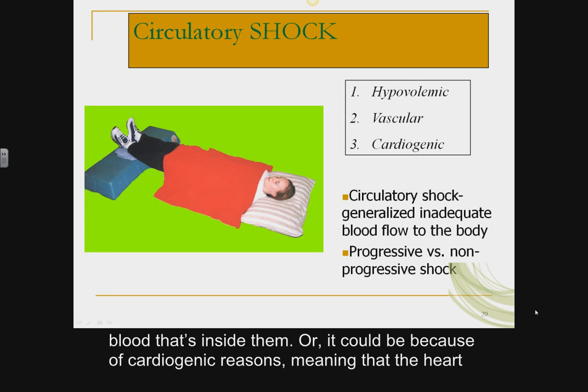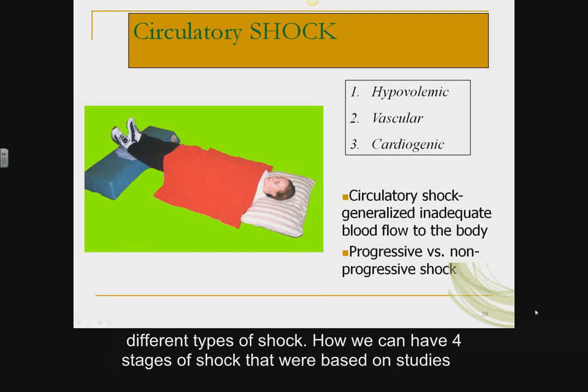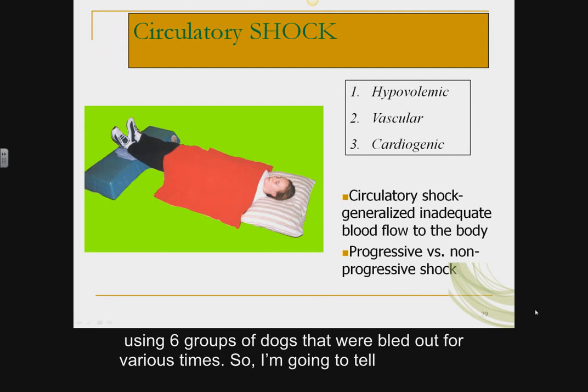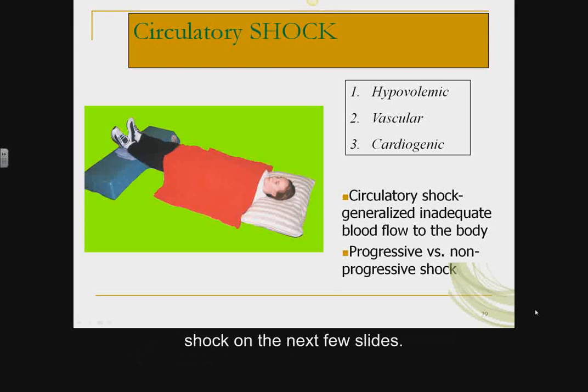Or it could be because of cardiogenic reasons, meaning the heart is not acting as an effective pump. On the next few slides, I'm going to tell you about the different types of shock, how we can have 4 stages of shock that were based on studies using 6 groups of dogs that were bled out for various times. I'm also going to tell you about progressive versus non-progressive shock and reversible versus irreversible shock.